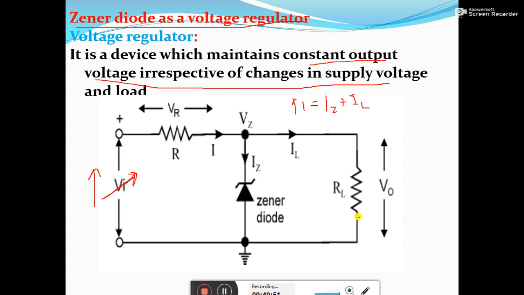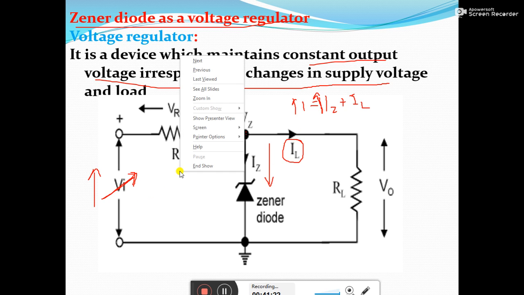But with increase in I here, I want the IL to be constant, so obviously the Iz should also increase in corresponding amount with which the I increases. It should allow more current to flow through it, keeping the IL constant.